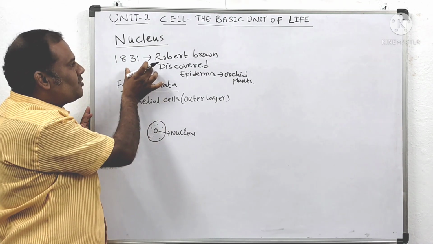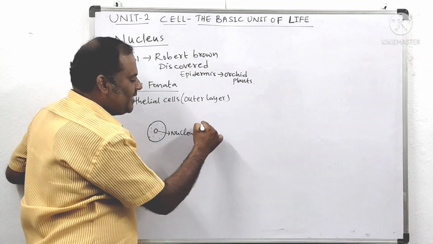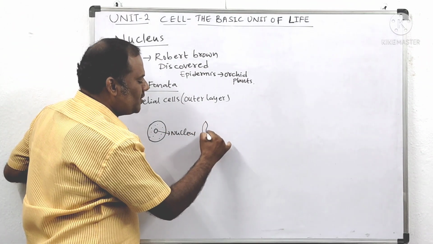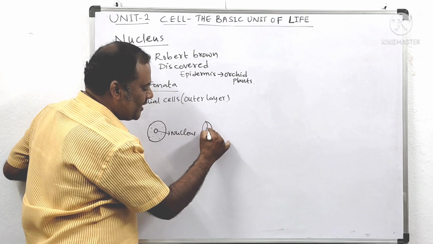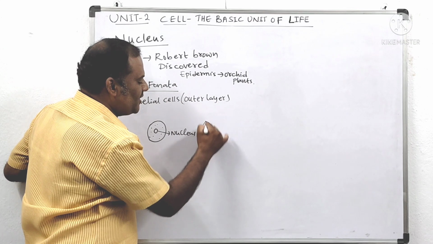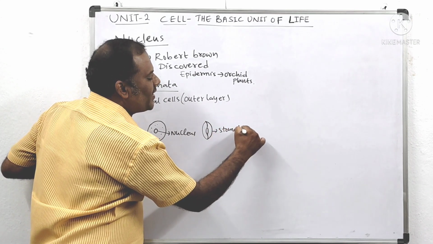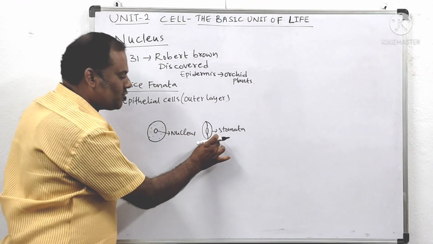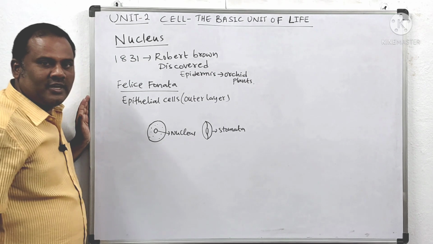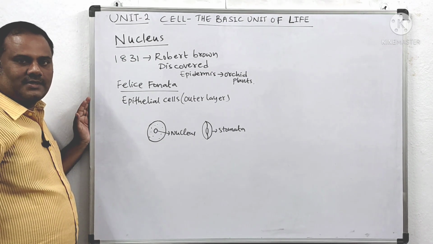One more thing Robert Brown observed in the plant cell was the stomatal cells, which are useful for the exchange of gas in the leaves. He observed the stomata as well as the nucleus, and so the discovery of the nucleus came into existence.